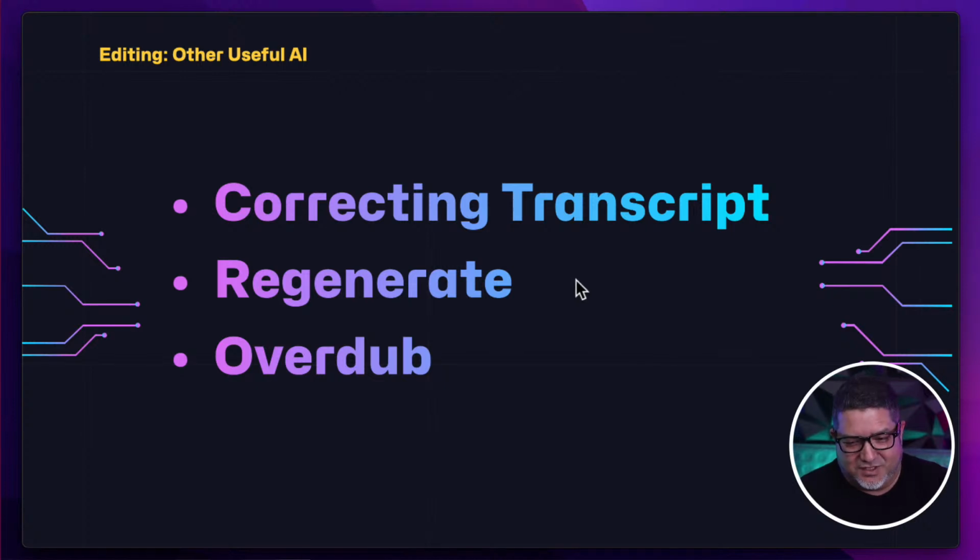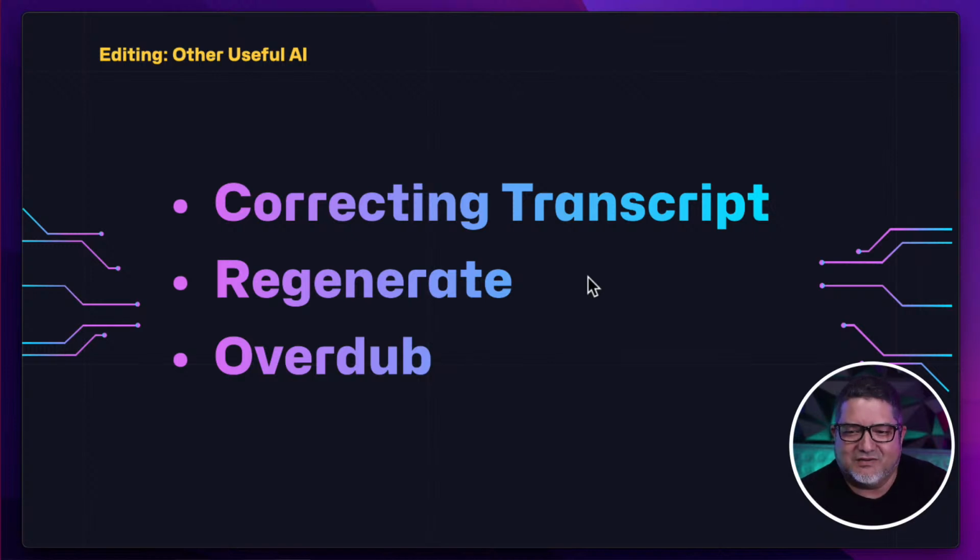And there's also overdub. Overdub will literally let you type in a different word than what you said, and it will use AI, analyze your voice, and replicate it so that it can correct a word. So a good example would be a couple of days ago, we noticed that ChatGPT reduced the context size of all of its products.